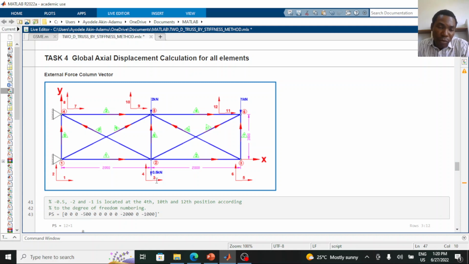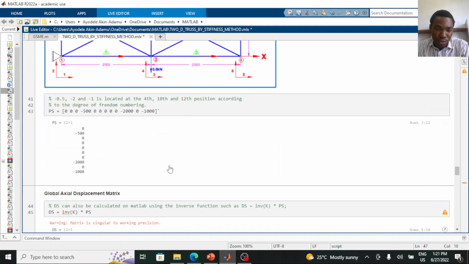So the degrees of freedom will be 3, 4, 11, 12. If the arrow was pointing from 6 to 2, in the other direction, the numbering will be 11, 12, 3, 4. This is very important when you're extracting your displacement vector. So the numbering for this 11th element will be 3, 4, 11, 12.